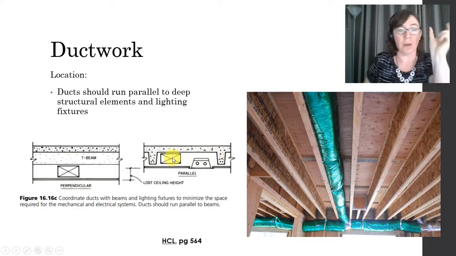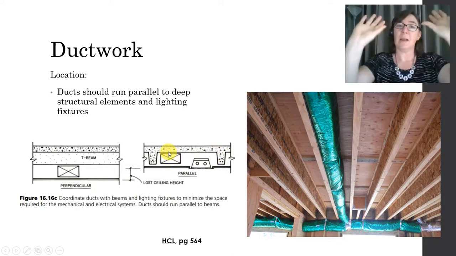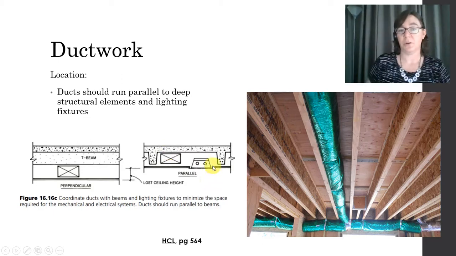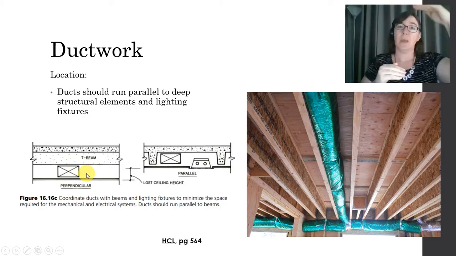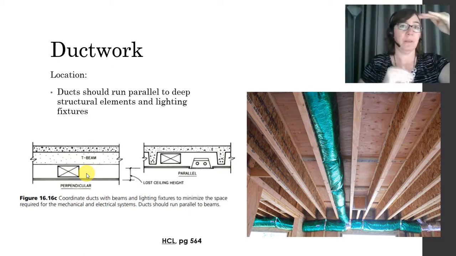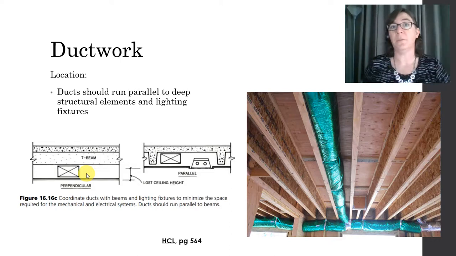If you run the ductwork along in that direction, it can tuck up tightly into the ceiling structure. You can see that it's next to this light fixture. If you run the ductwork in the opposite direction, you're going to have to drop it under the structure, and therefore your total depth is much deeper, and you lose some ceiling height.